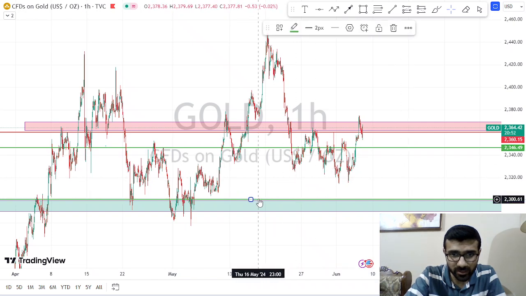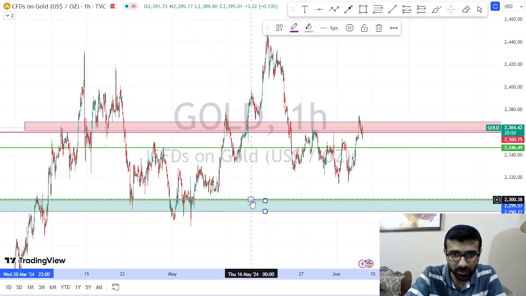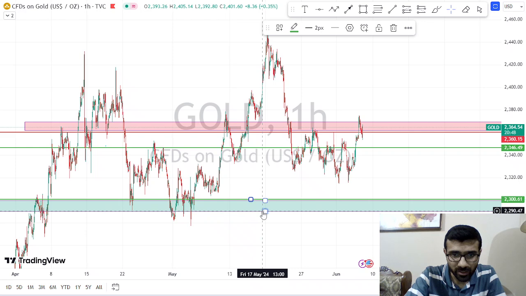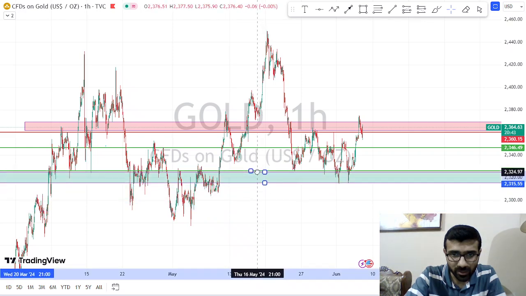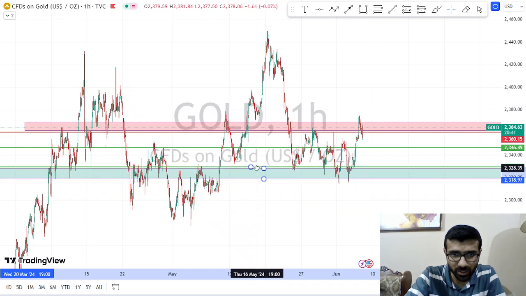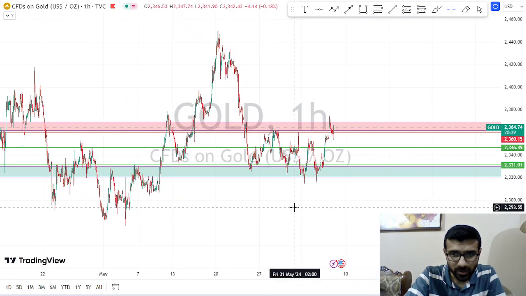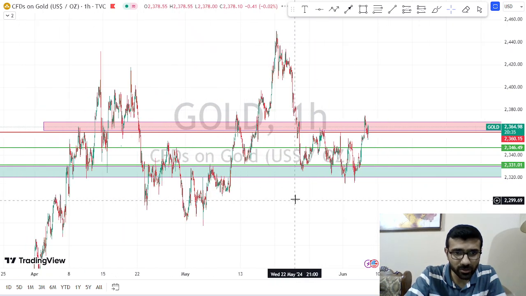Okay, and this major support area will now be this. So this will now become the major area of support. Okay, so I hope that it is clear and there is no rocket science.